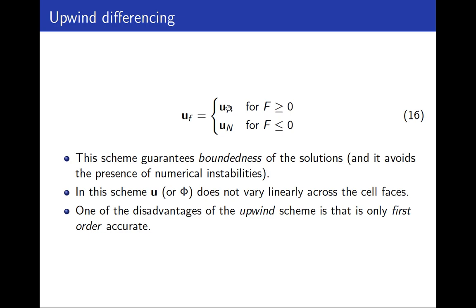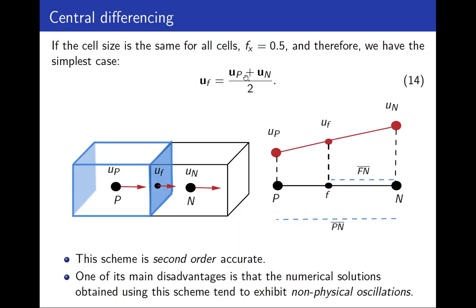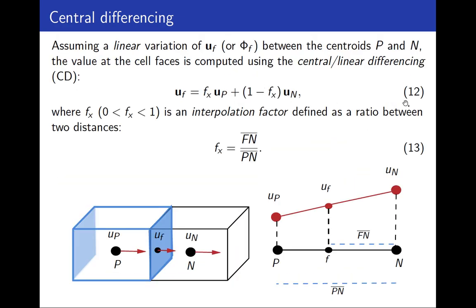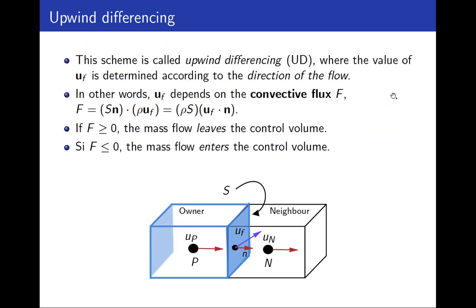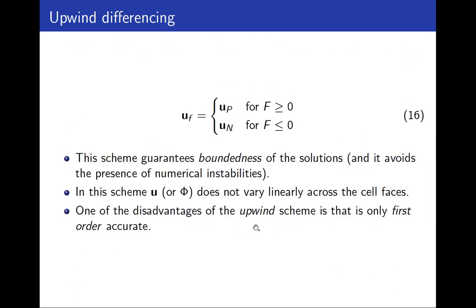So that means that we cannot use an equation like 12, where we assume a linear variation between the centroids P and N. So that means that for the Upwind scheme, we have only first order accuracy. Remember that I said that the higher the order of accuracy of our interpolation scheme, the better. But in this case, this is only first order accurate.